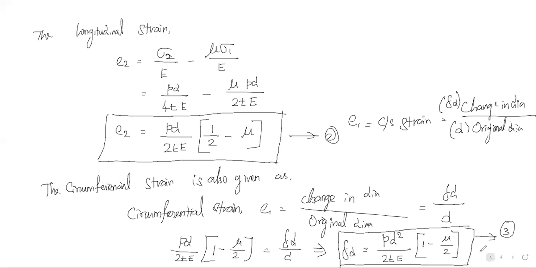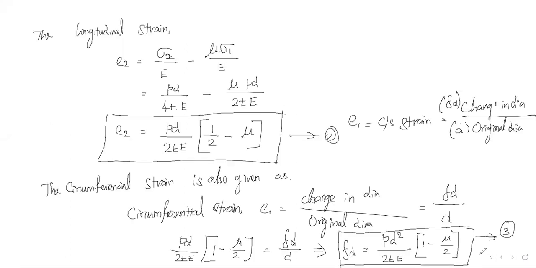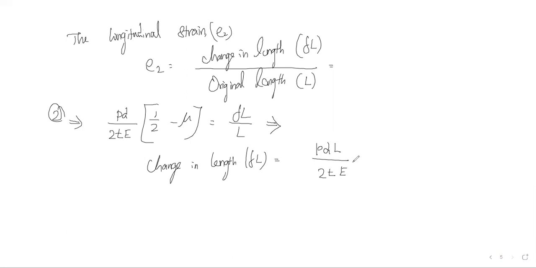From equation number 2, E2 is equal to P into D divided by 2TE multiplied with half minus mu, so 1 by 2 minus mu, which is equal to del L by L. So from this, change in length del L is equal to PdL divided by 2TE into half minus mu.